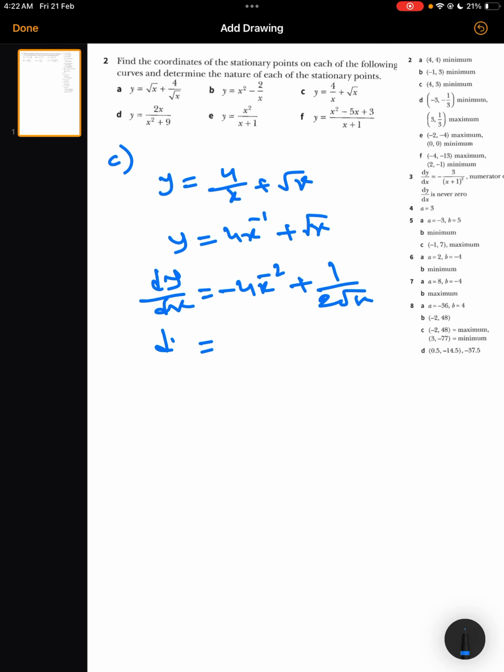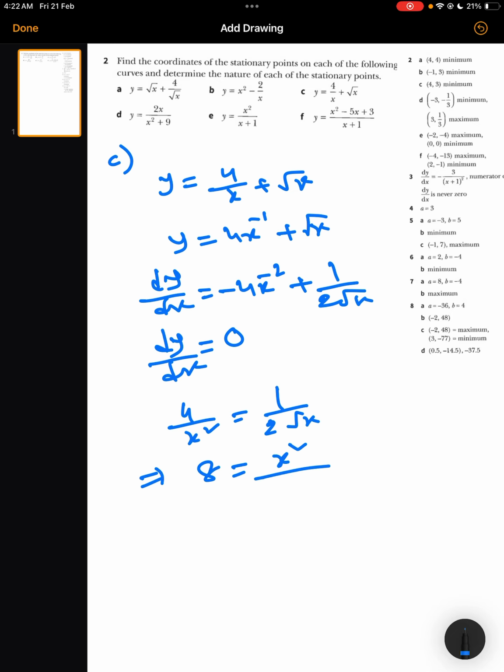Okay, for a stationary point, it is 0. So we can say that 4 by x square is equal to 1 by 2 root over x. So 8 is equal to x square over root over x. So 8 is equal to x to the power 3 by 2.